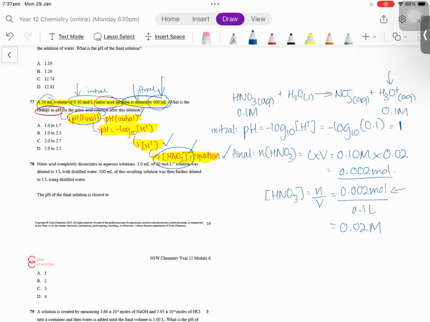And then I trace my steps back up. So I got my HNO3 concentration again, working backwards. I need to get to my H plus concentration or my H3O plus concentration. Some of you guys were getting a bit confused as to why we write the dissociation equation like this to include the H2O.